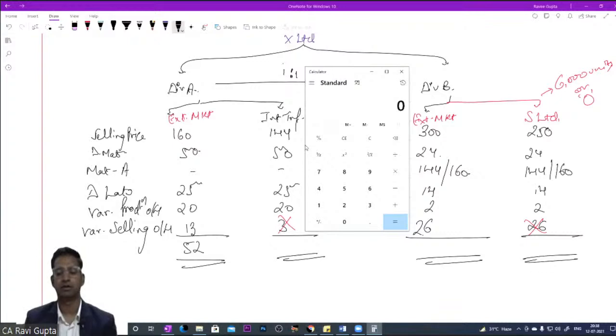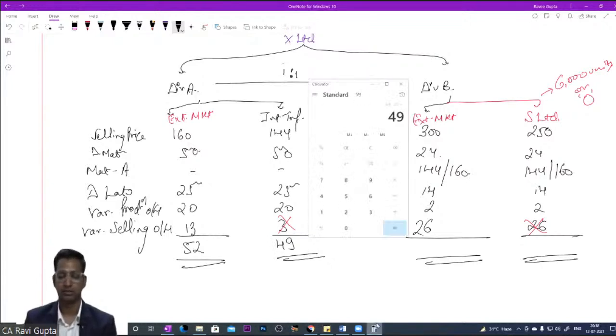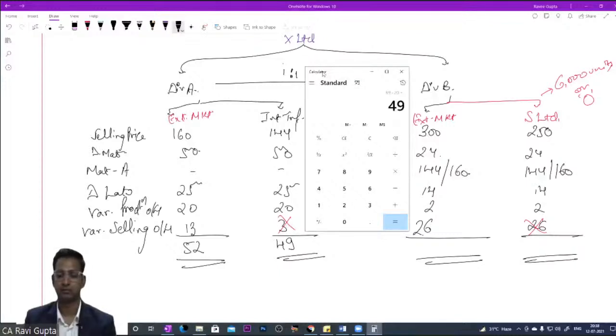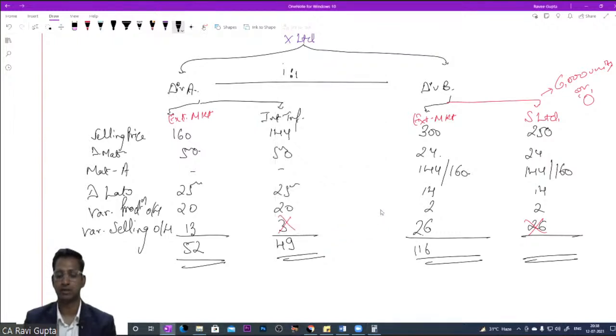This will be 144 minus 50 minus 25 minus 20, that is 49. And it will be 300 minus 24 minus 144 minus 14 minus 2. That is 116.